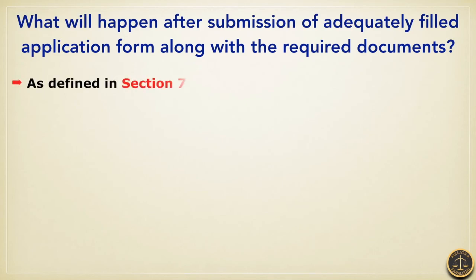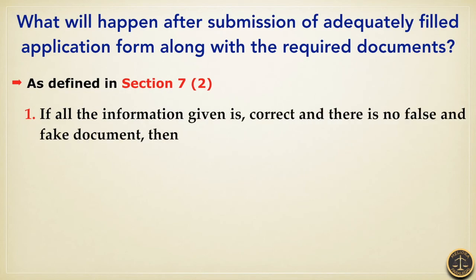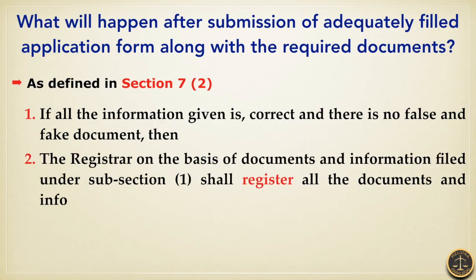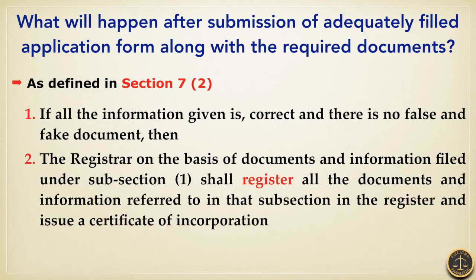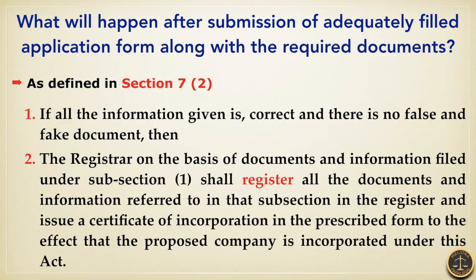As defined in Section 7(2), if all the information given is correct and if there is no false or fake document, then the registrar, on the basis of documents and information filed under subsection 1, shall register all the documents and information referred to in that subsection in the register and issue a certificate of incorporation in the prescribed form to the effect that the proposed company is incorporated under this Act.